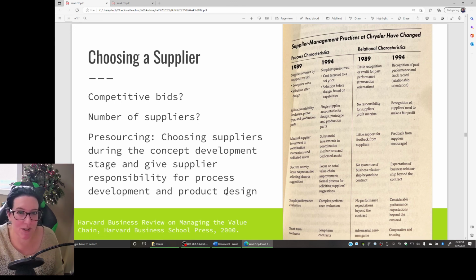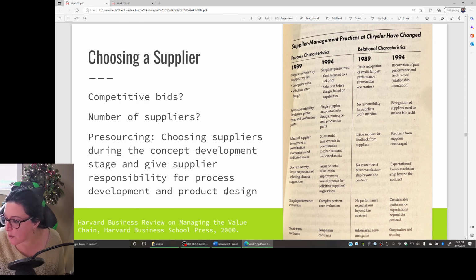So pre-sourcing is where you choose suppliers during the concept development stage, and your supplier then is going to be involved in the actual product design and creation of those process flows. So they're going to be in it from the very beginning, and so there you're going to have a much tighter relationship, and you're then less likely to have multiple suppliers.